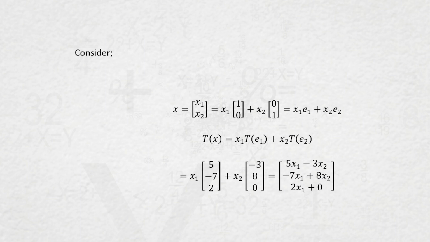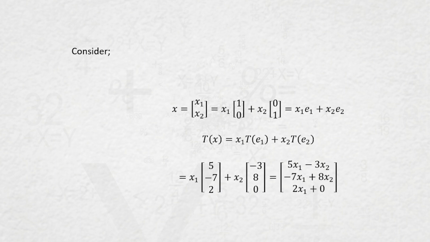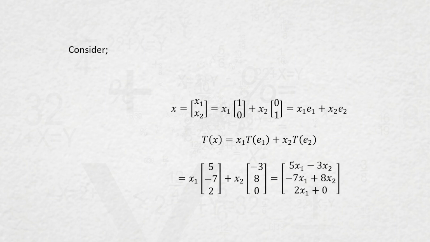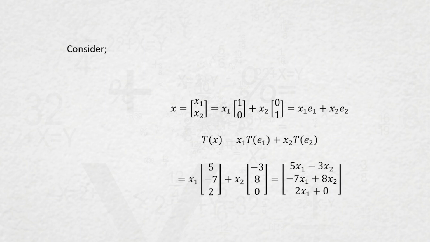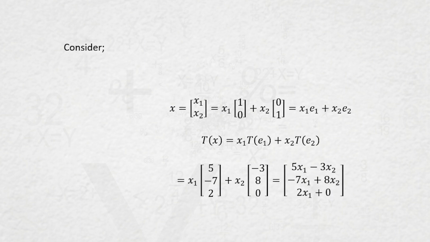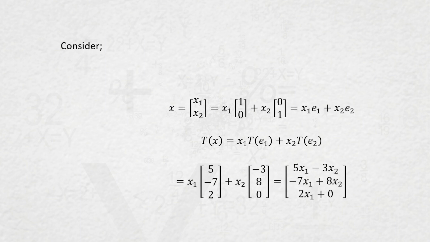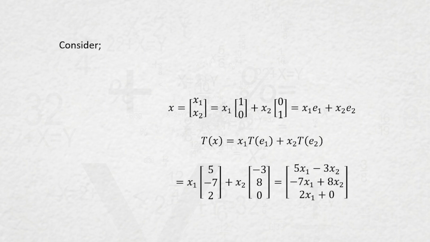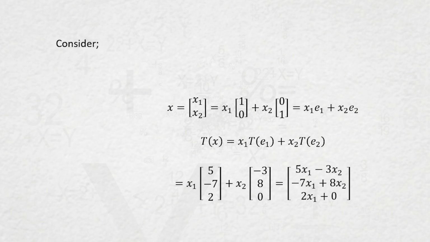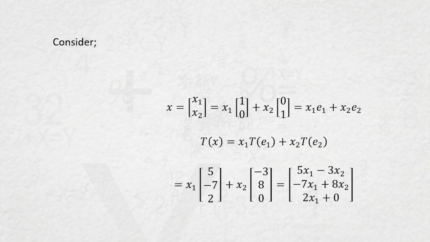Therefore, T of x is equal to x1 T of E1 plus x2 T of E2. That is, x1 multiplied by the column vector 5, -7, 2 plus x2 multiplied by the column vector -3, 8, 0. That will give us the column vector 5x1 - 3x2, -7x1 + 8x2, 2x1 + 0.